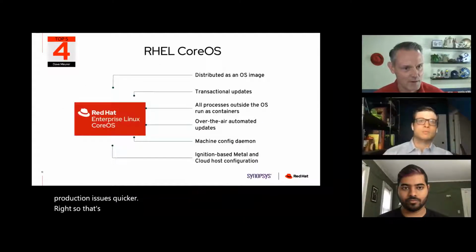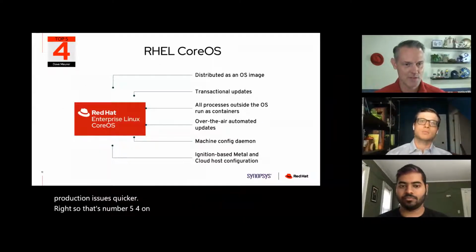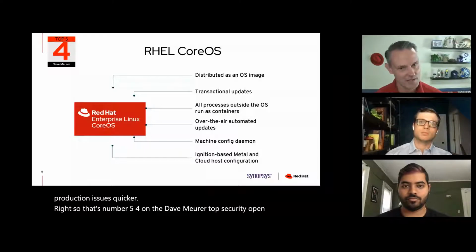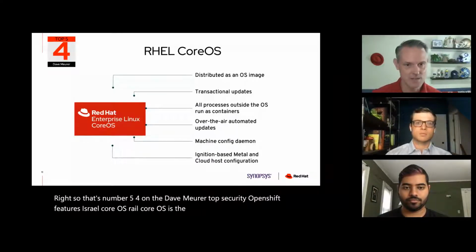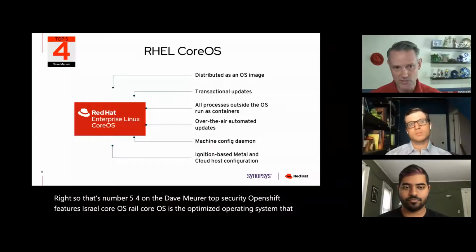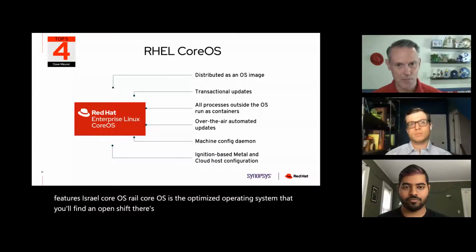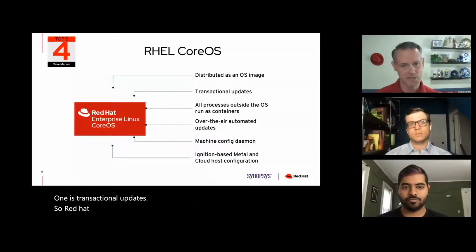Number 4 on the Dave Muir top security OpenShift features is RHEL CoreOS. RHEL CoreOS is the optimized operating system that you'll find in OpenShift. There's 2 features I just want to point out. One is transactional updates. So Red Hat CoreOS is distributed as an image, and it always boots to the latest known good version.